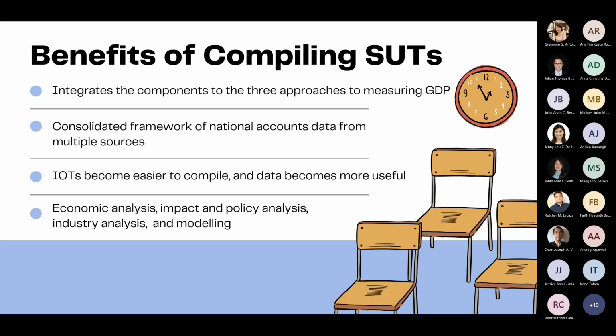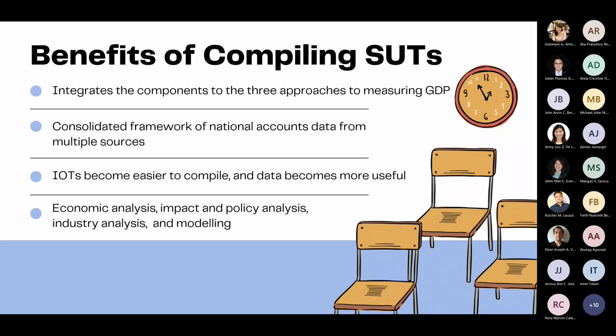We can do industrial and sector analyses by observing changes to specific sectors over time, perhaps like the tourism or digital economy. And we can also see the contributions of specific sectors to GVCs and modeling. So those are the benefits, among many, of compiling supply and use tables.